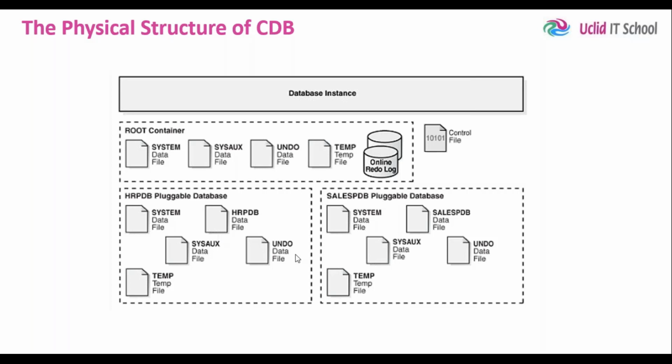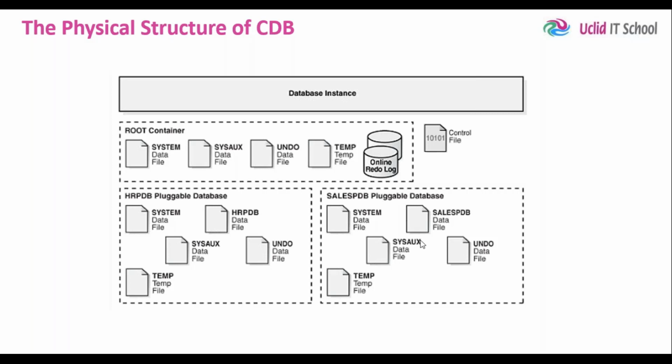And another important point is, at a physical level, every PDB has its own files, its own tablespaces. For example, you can see the HR PDB has its own data files, system, sysaux, undo, temp files, and an HR PDB file. And a DBA may create additional files, additional tablespaces in the PDB to host the application data.